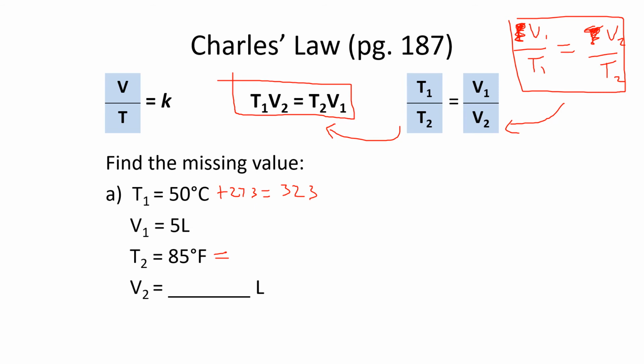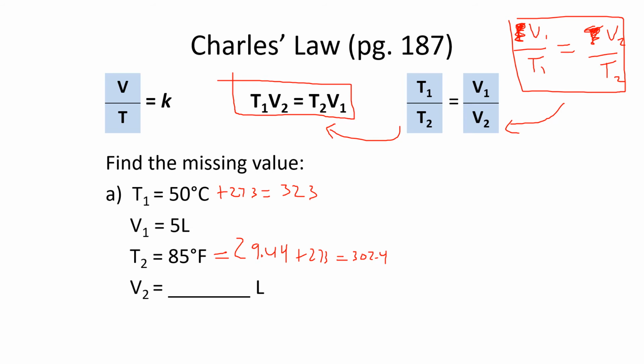So 85 Fahrenheit in Celsius is 29.44, plus 273, about 302.4. All right, now we're ready to plug it in.